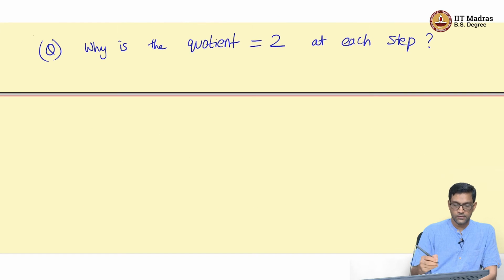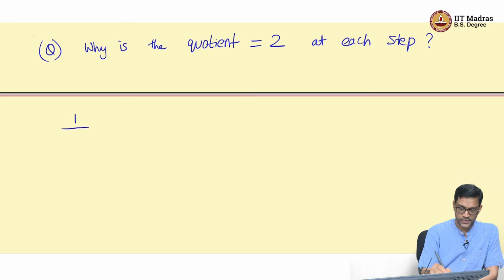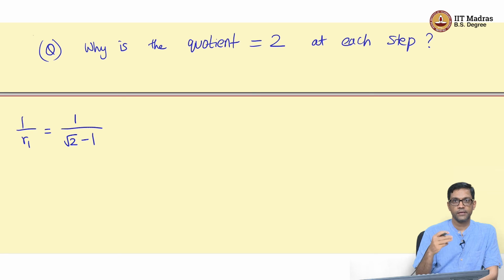Let's look at the very first step, or maybe the second step, depending on how you think of it. I have to divide 1 by square root 2 minus 1, so this is 1 by R1. I claim that when I do this, my quotient, the whole number that I get, is 2, and then I get some new remainder which is smaller than R1. So let's divide 1 by root 2 minus 1 and see what this real number is.